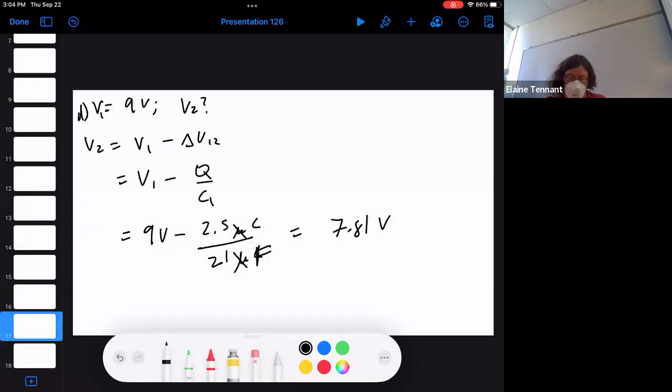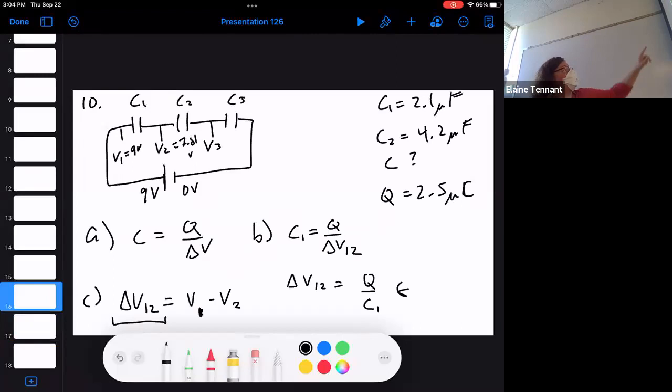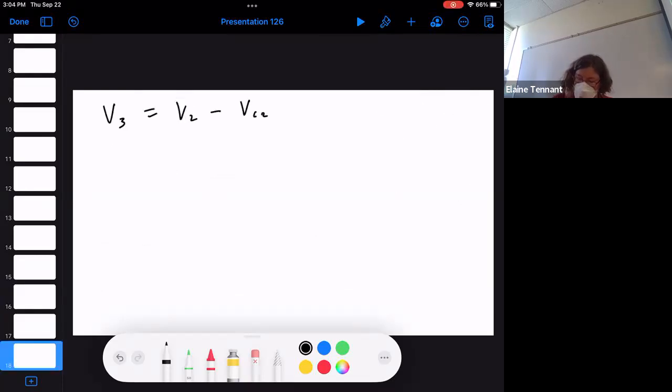Let's pop back up to the picture so you can all confirm. You start at V2, you subtract the voltage across capacitor 2 to get to V3. Okay. And as for part E, that's what they want you to do.